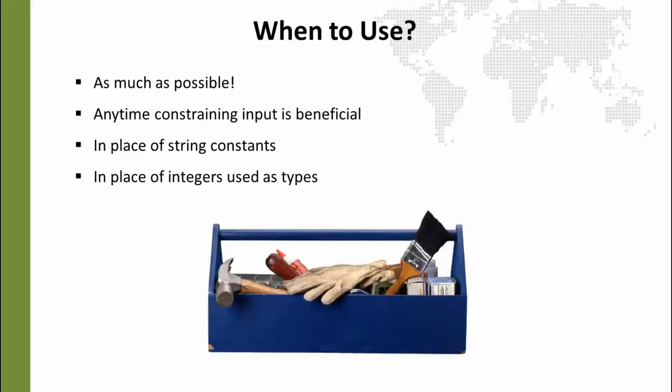A good example of this is that month example, where we are passing in an integer to represent a month of the year, a type of something. Maybe you have some kind of command processing system and you are using integers to represent the different types of commands: command 0, command 1, command 2, and you have mapped them to some name that you have given that command. Instead, an enumeration might be more beneficial.